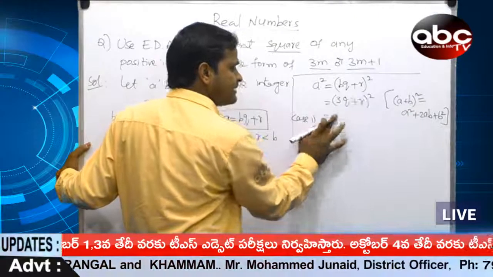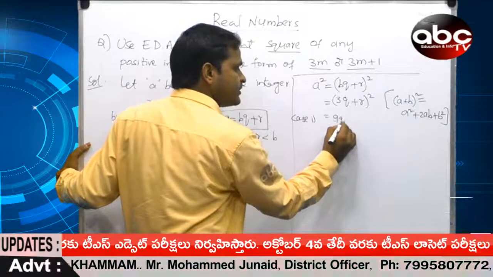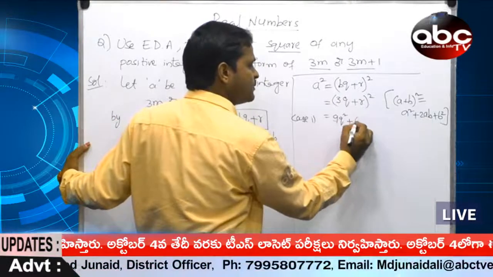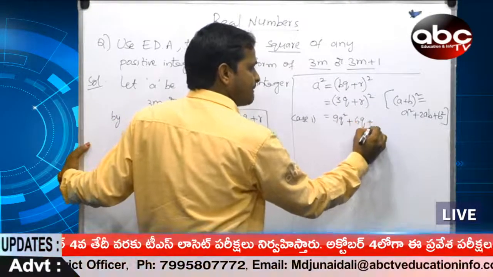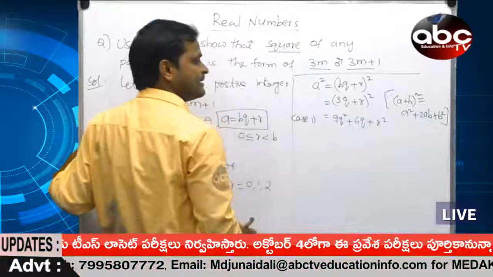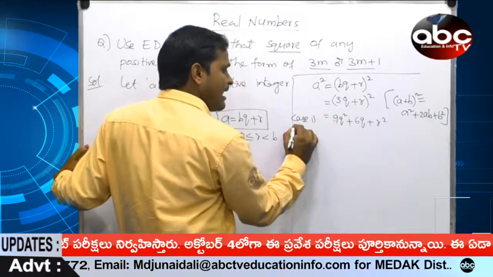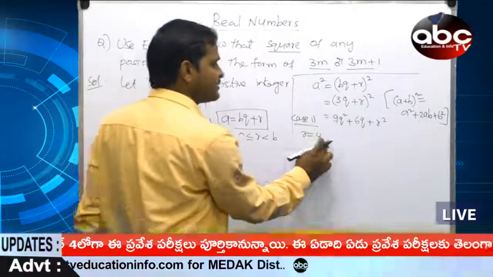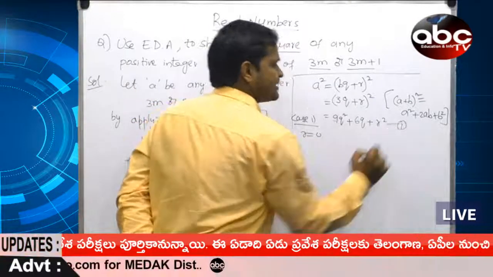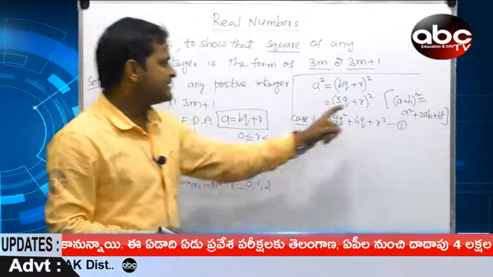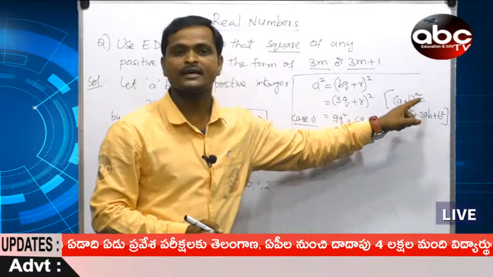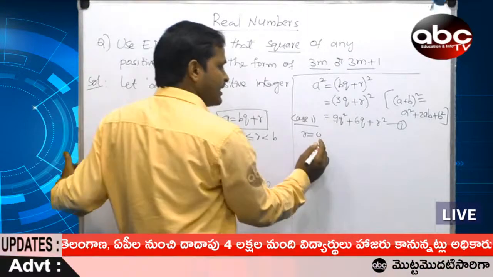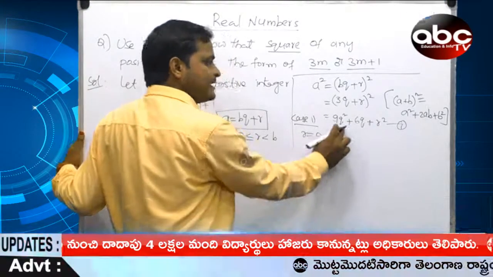(3q)² is nothing but 9q² plus 2ab, that is 2 into a into b, 6qr, plus r², right? Then case 1: r = 0. Suppose this is equation 1. By using the identity (a + b)² = a² + 2ab + b², substitute r = 0 in equation 1.